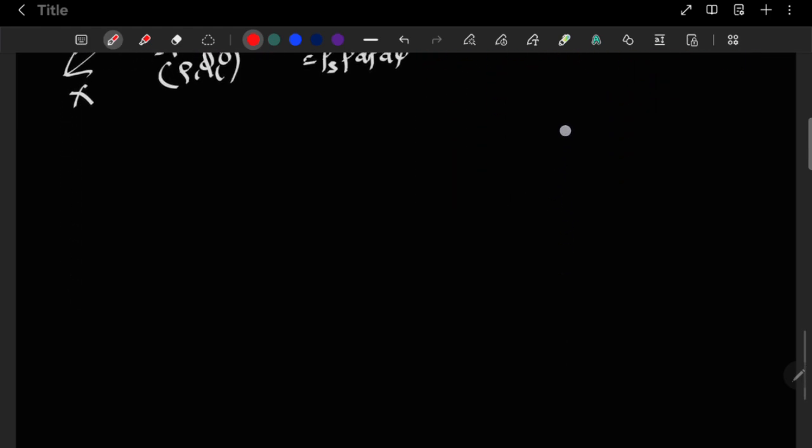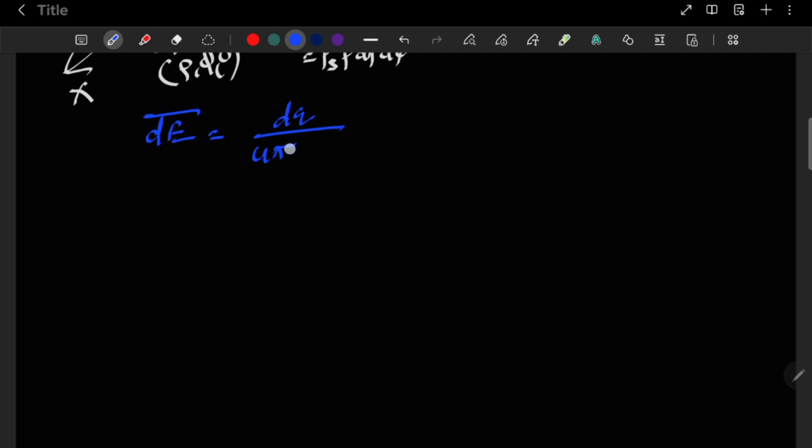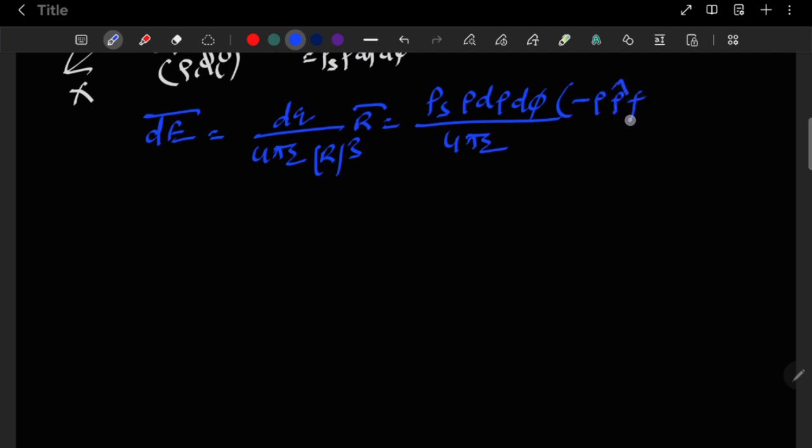Then according to Coulomb's law, we can write dE bar is equal to dq by 4 pi epsilon into magnitude of r cube into r bar, and dq is nothing but rho s into rho d rho d phi by 4 pi epsilon, and r bar means minus rho cap plus z into z cap by rho square plus z square power 3 by 2.